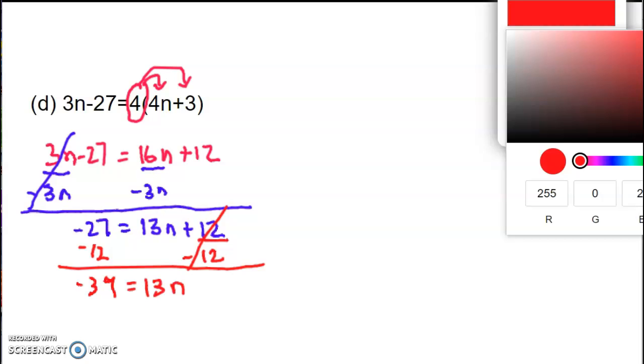And so then you need to divide both sides by 13 because 13 is being multiplied to n. So then you finally get n is 39 divided by 13 is 3. Negative divided by positive is negative, so n is negative 3. Okay, and that's my final answer.